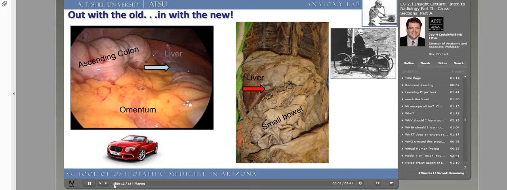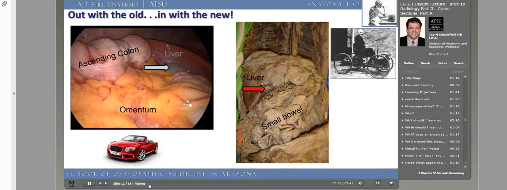For those proponents of cadaver dissection, and cadaver dissection only, as the way to learn your anatomy, I offer the following comparisons. On the right, we see one of our cadavers. It's embalmed, been dissected, and sadly is fairly shredded. On the left is an actual image taken from a laparoscope at the time of an operation.